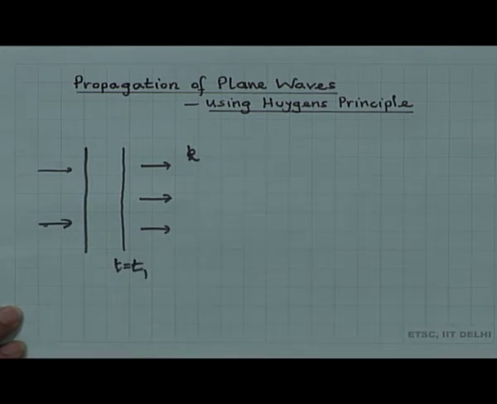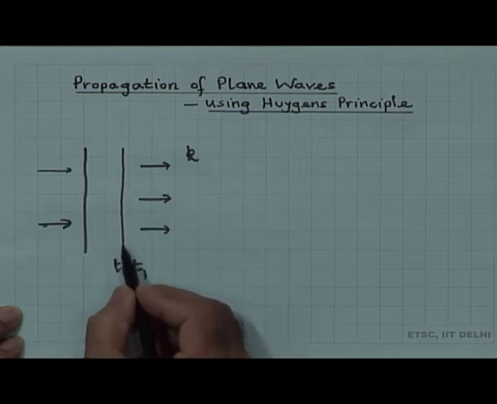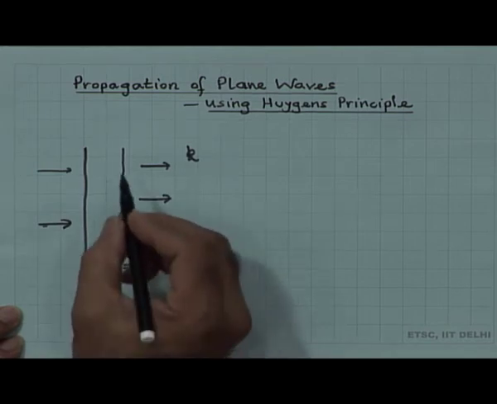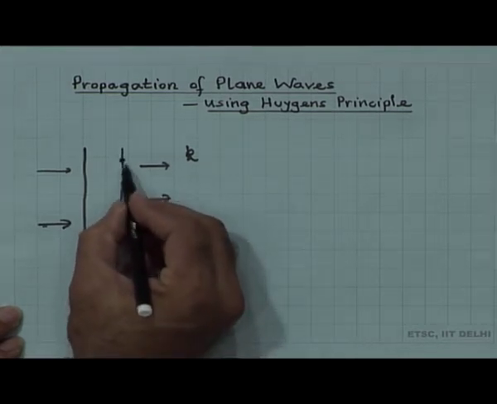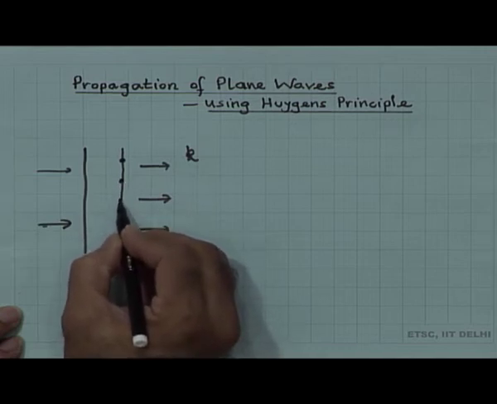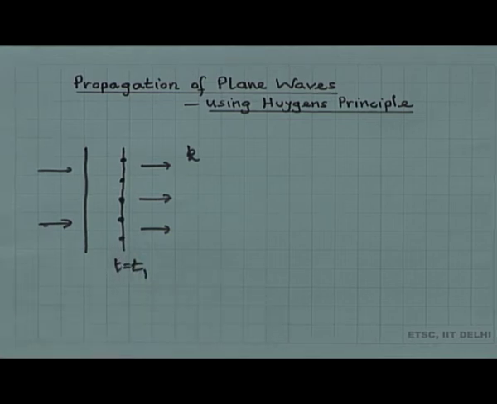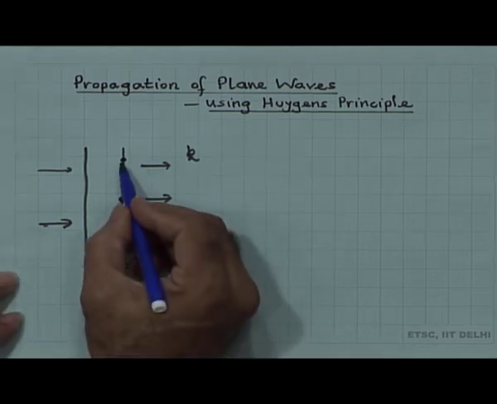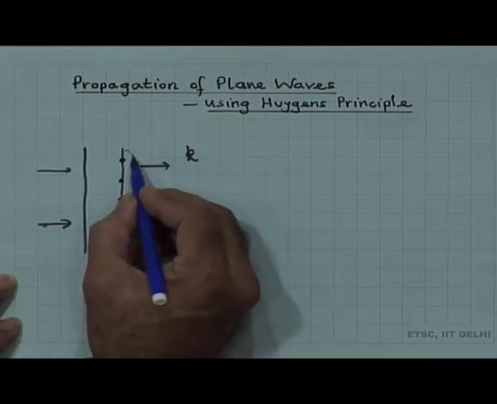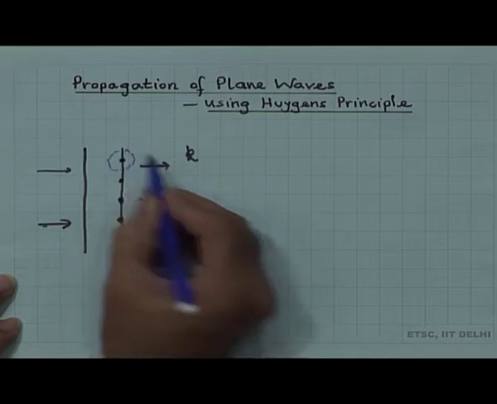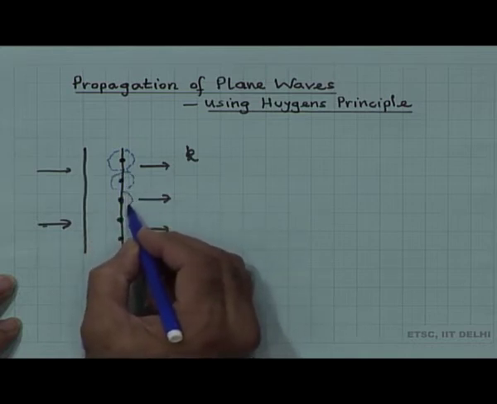So, according to Huygens principle, every point on the wave front acts like a source of secondary wavelets, that is, acts like a point source of secondary wavelets. So, what I am showing here is point sources. If this is a point source, we know that this will give out spherical waves like this. So, each point source gives out spherical waves like this.